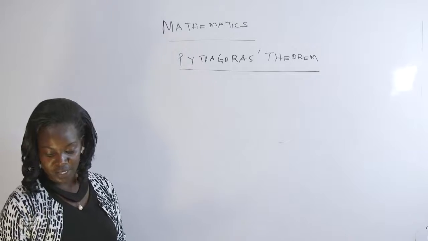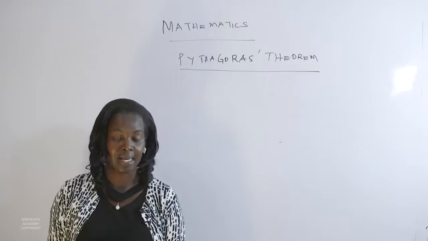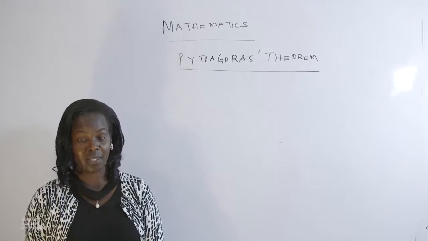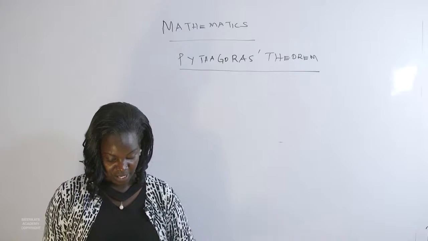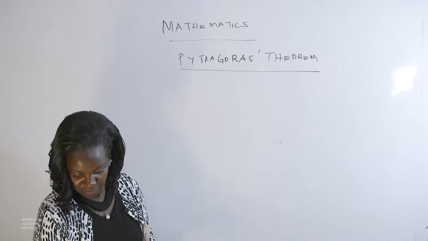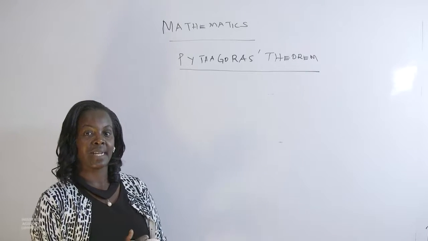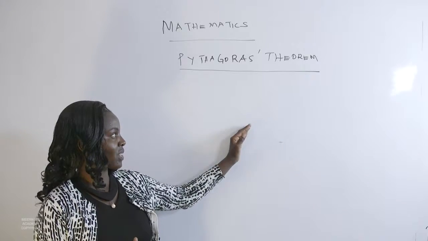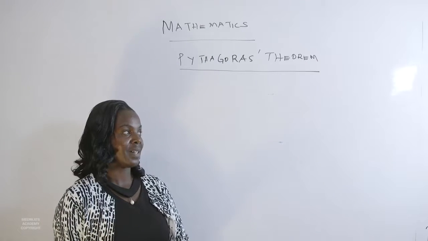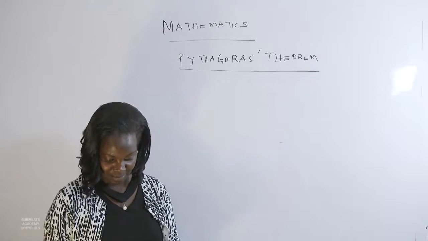So now that we know how to calculate the longest side if the length of the longer side is missing, let's use the Pythagoras theorem to find the perimeter given two sides of a triangle when the other one is missing.